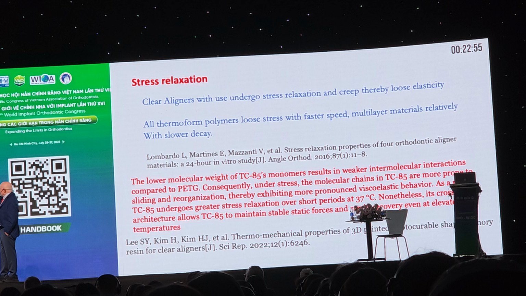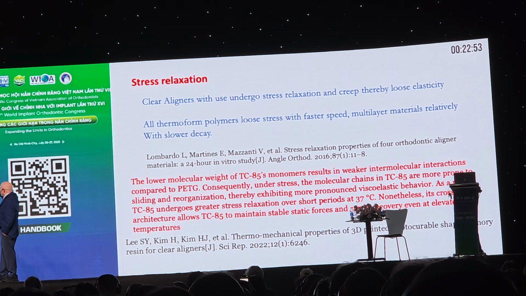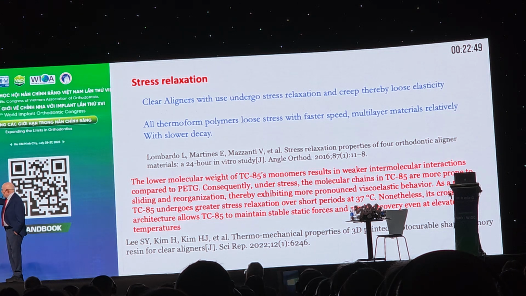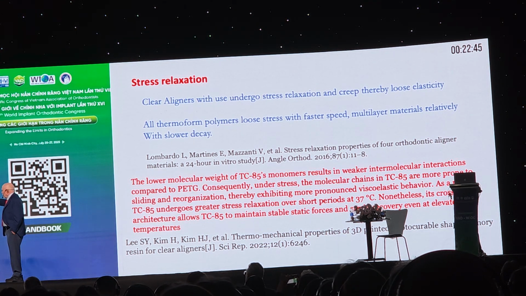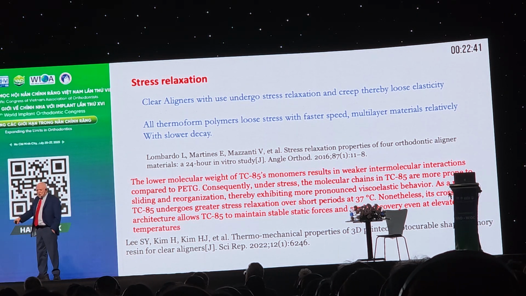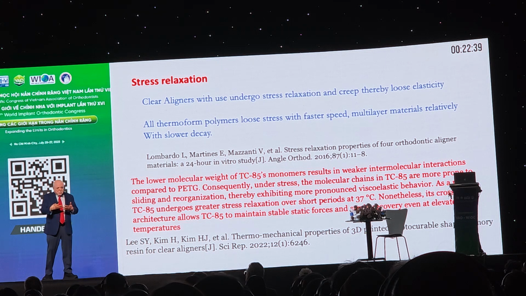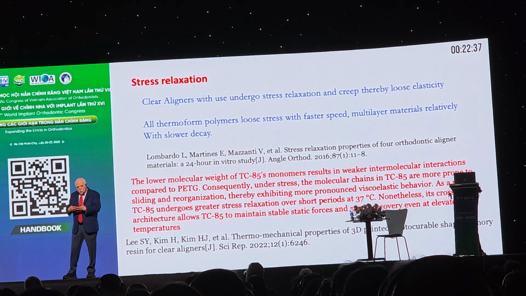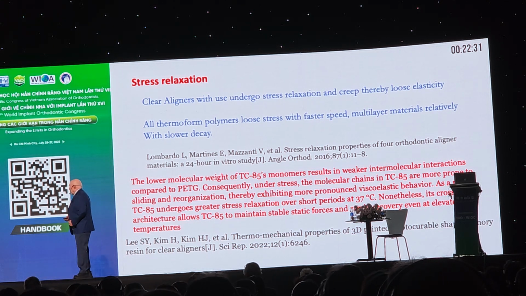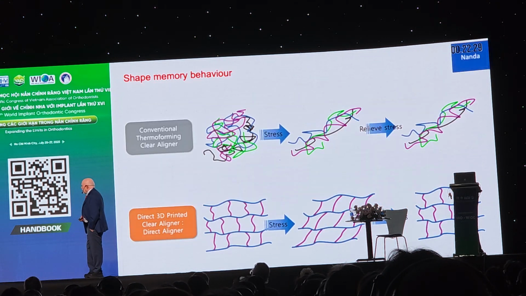All thermoform polymers lose stress with fast speed, multi-layer materials relatively lower. And you can see ours, most of the studies which were done on DC-85, and you can see that there is a weaker reaction between intermolecular, like PETG, and what you are going to see is that the recovery is going to be much, much better.